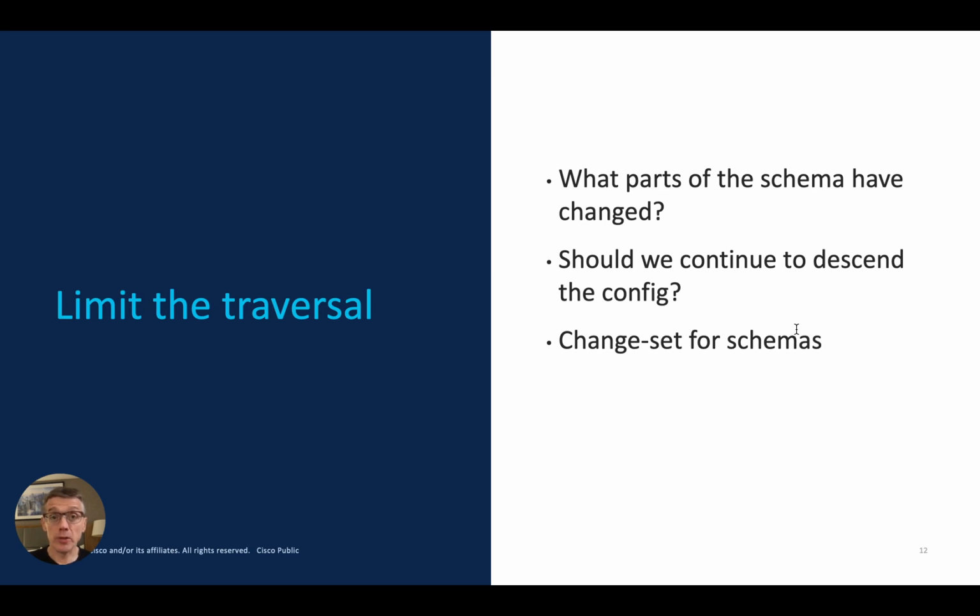But only the parts of the configuration that have upgrade work associated with them have to be traversed. If we had access to the upgrade work items, like a change set, we could use it to guide the traversal and only visit parts of the configuration that need work.